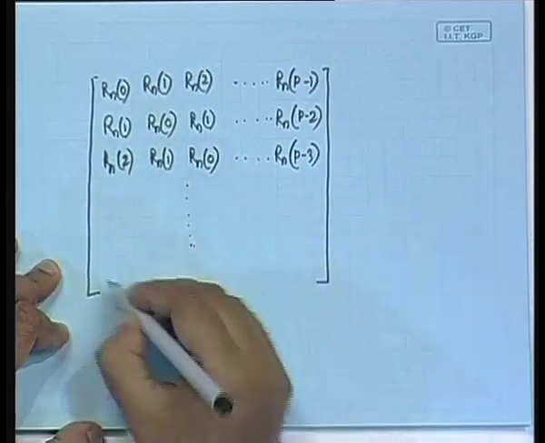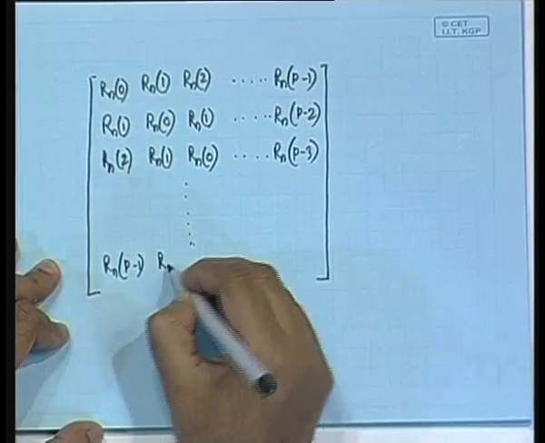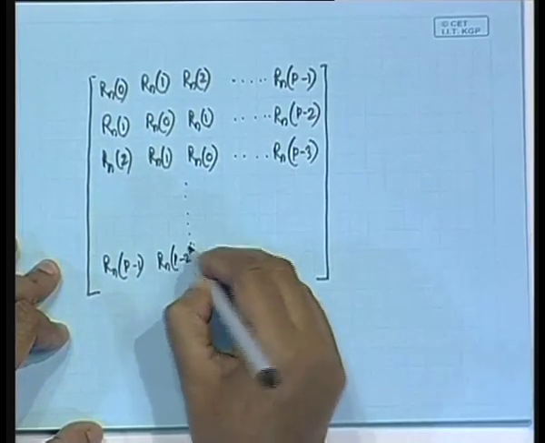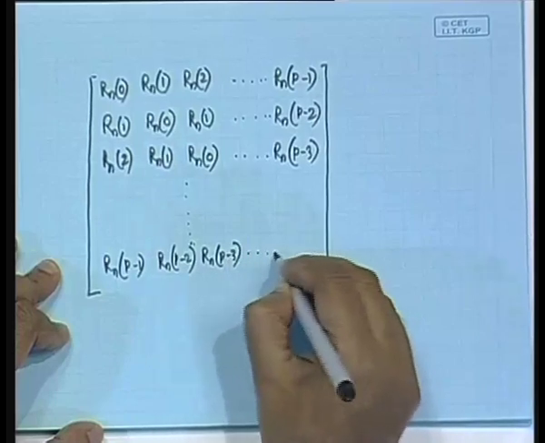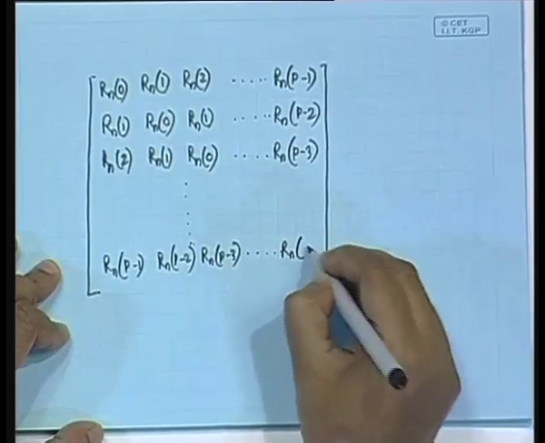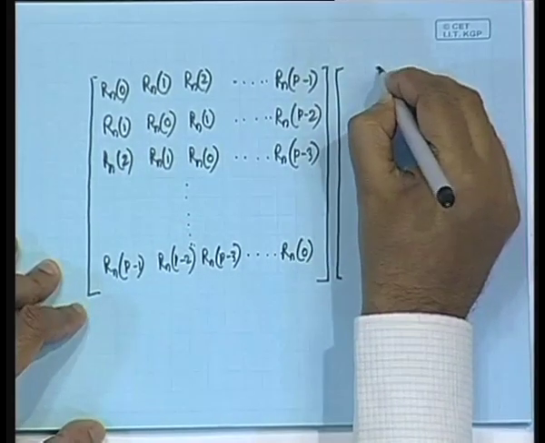Last row is going to be Rn p minus 1, Rn p minus 2, Rn p minus 3, and so on up to Rn 0, and this will be this matrix.